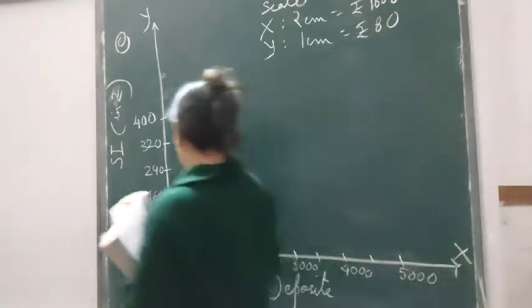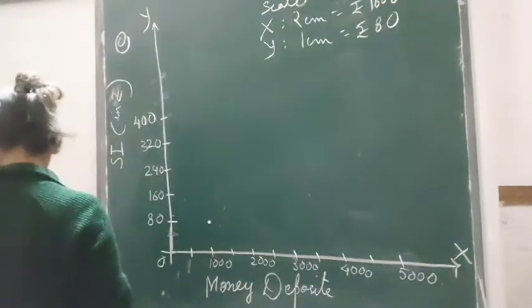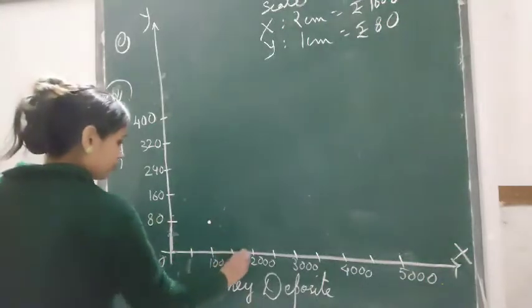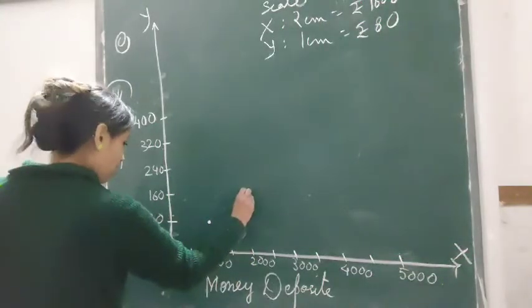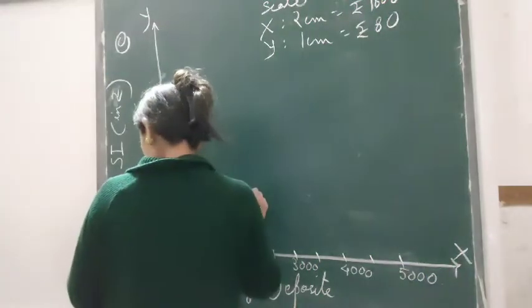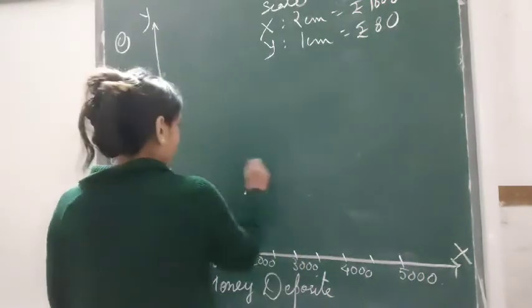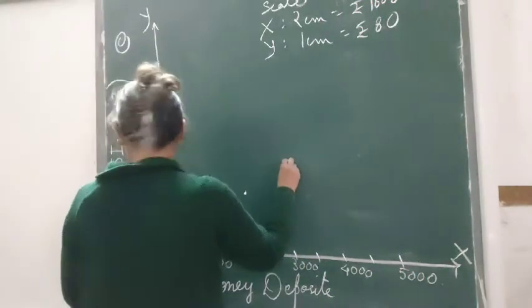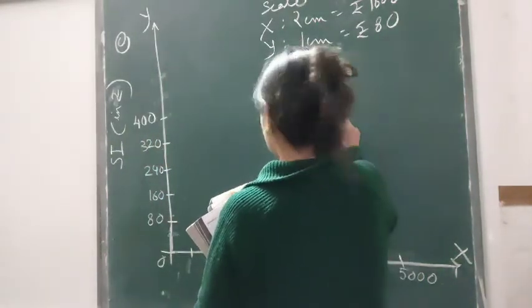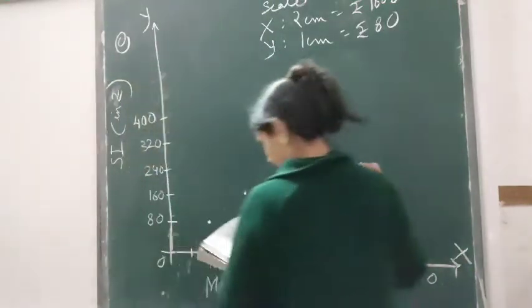Now let's start. For 1000 it is 80. For 2000 it is 160. 3000 is 240. Then 4000 is 320. Yes, it is meeting here.